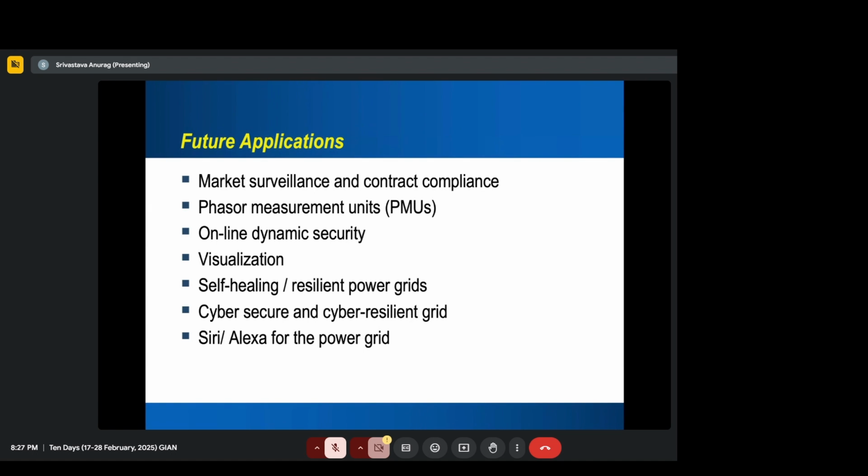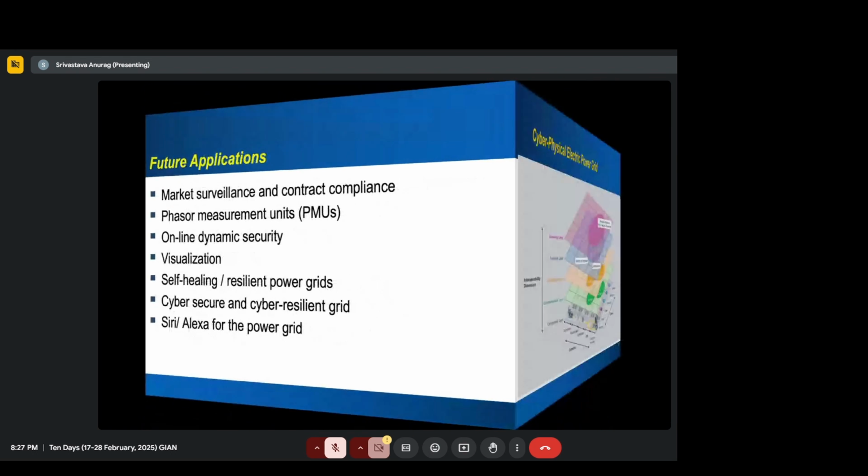How to make the system more self-healing and resilient, and then how to keep the system more secure and cyber resilient, which is of course the topic of this whole course. Also how to manage the security so it becomes easier for them to manage.